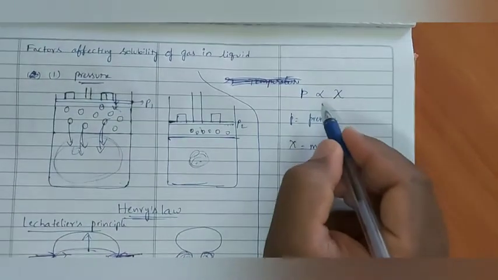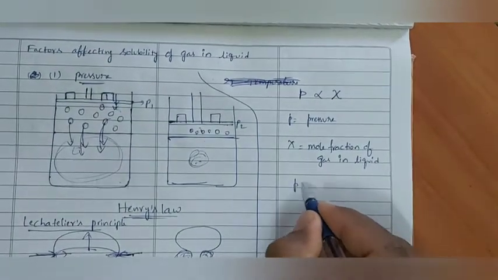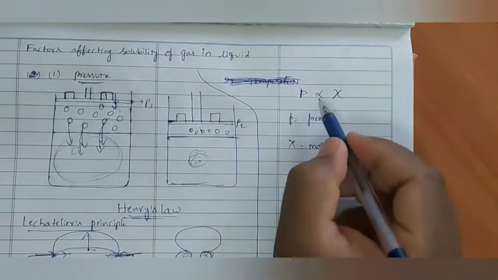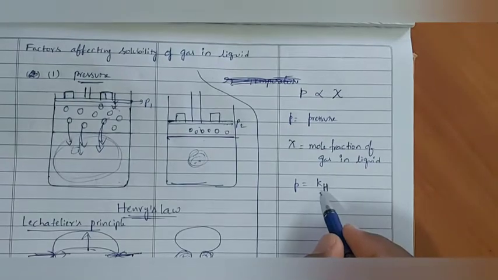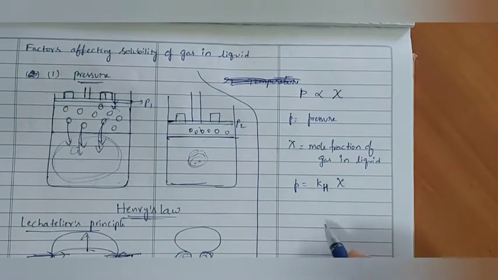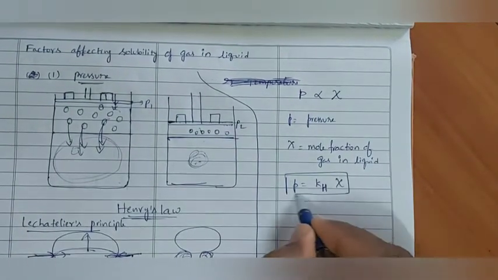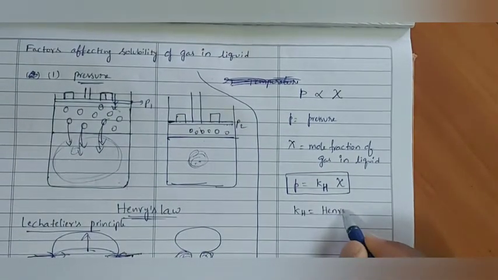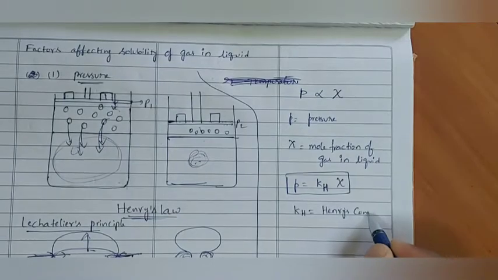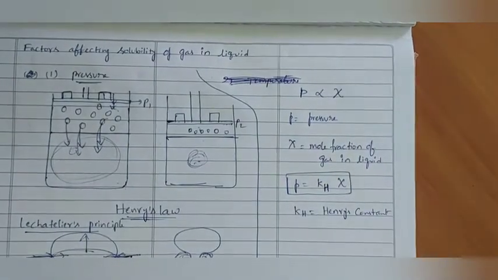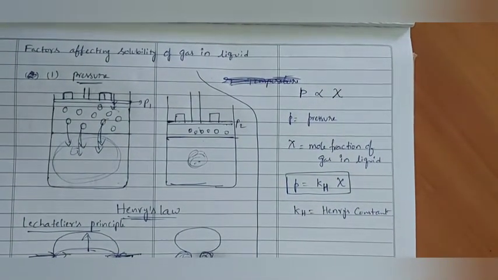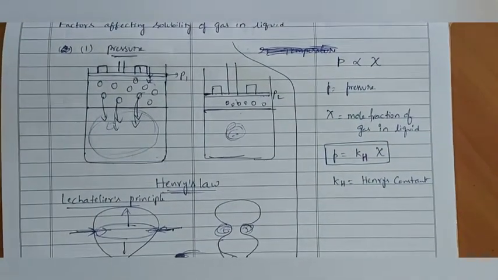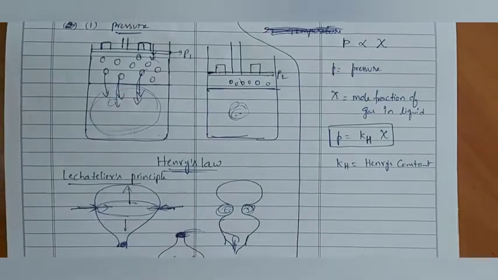When we remove this proportionality, we are going to keep a constant KH into chi, where KH is called Henry's constant. This is one more formula useful in doing the problems. P is equal to KH into chi.